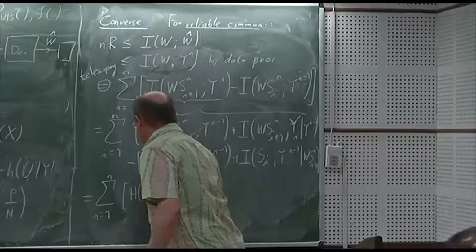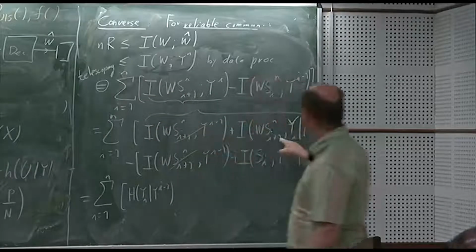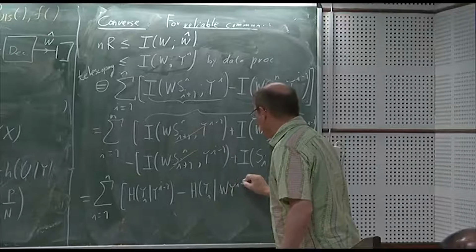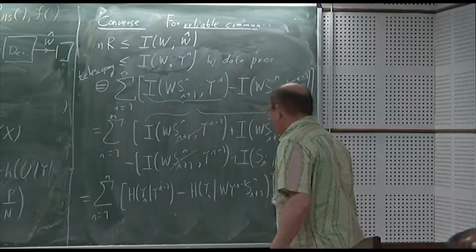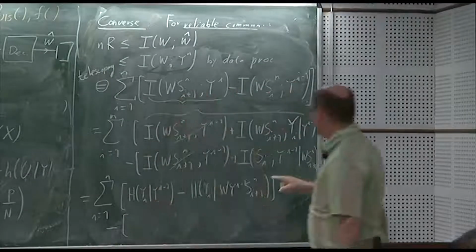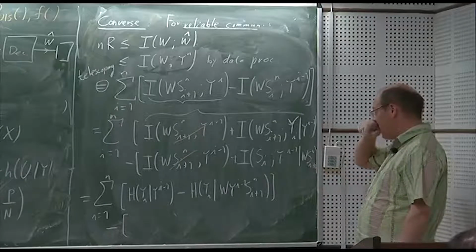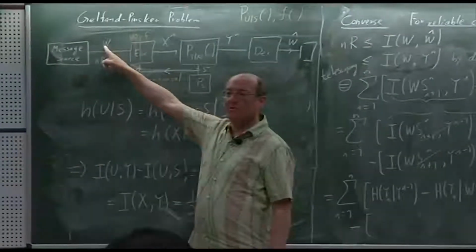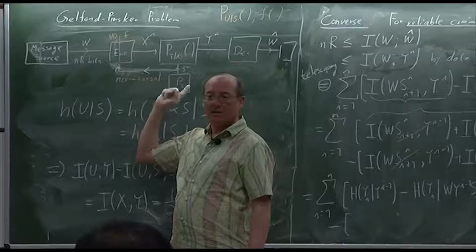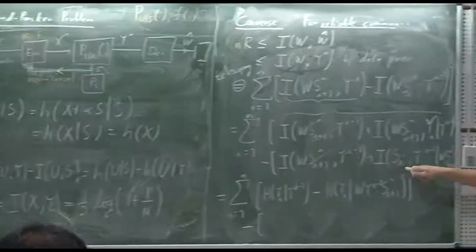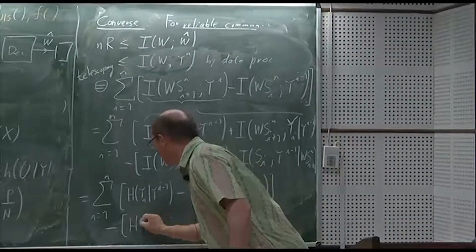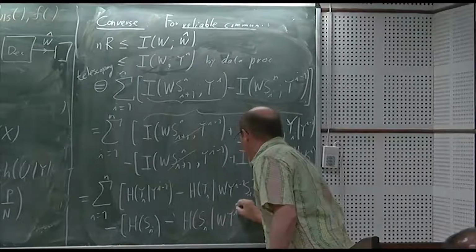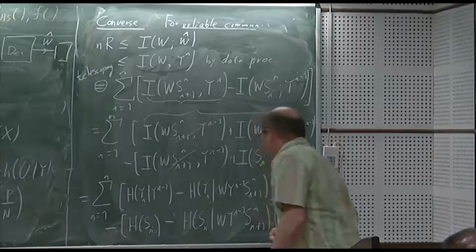And now I just write out these expressions. So H(Y_i given Y_{i-1}), that's this one, minus H(Y_i given W, Y_{i-1}, S_{i+1}^n). And then minus H(S_i given W, S_{i+1}^n). Now, notice that the S in the model is independent of W, and we're taking here that the S's are iid, so H(S_i given this) is just H(S_i). Minus H(S_i given also this funky looking term, Y_{i-1}, S_{i+1}^n).